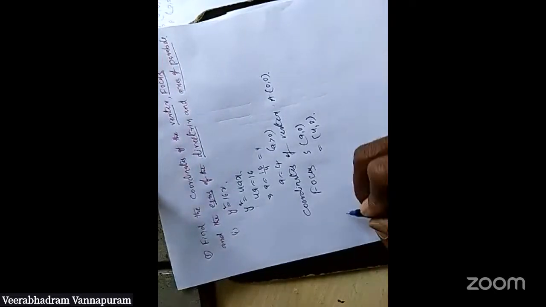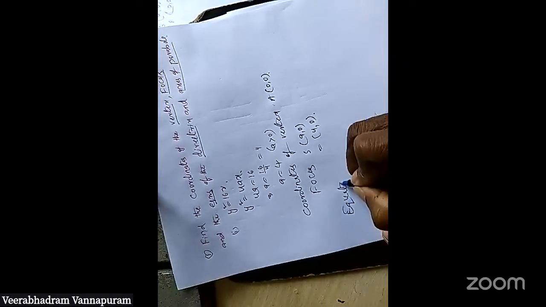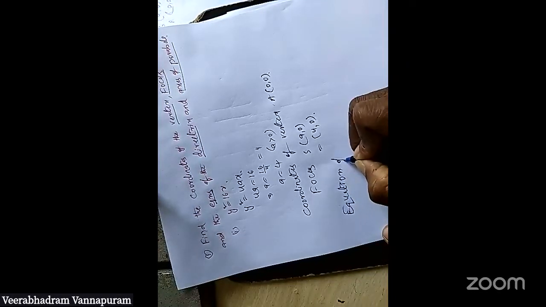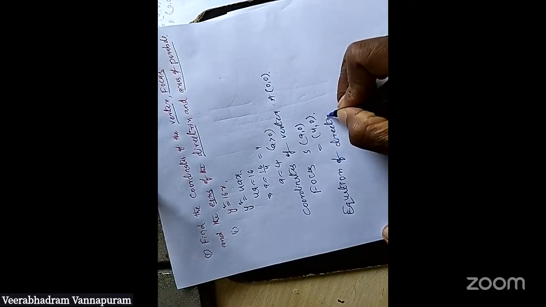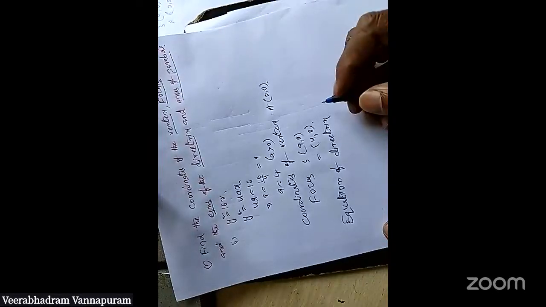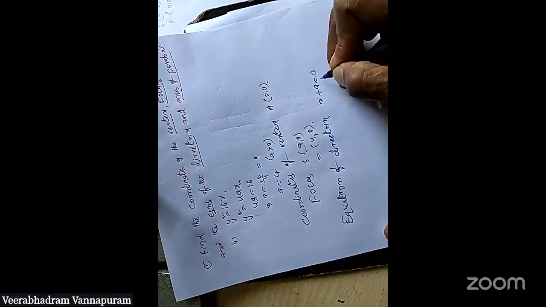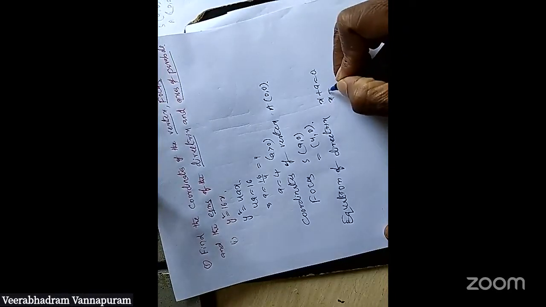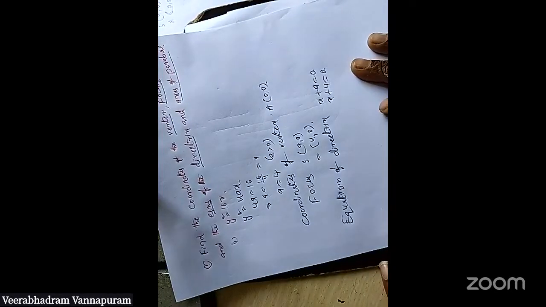Next, equation of the directrix. The equation of the directrix is x plus a equal to 0. Here we substitute the a value, that is, x plus 4 equal to 0. This is the equation of the directrix.